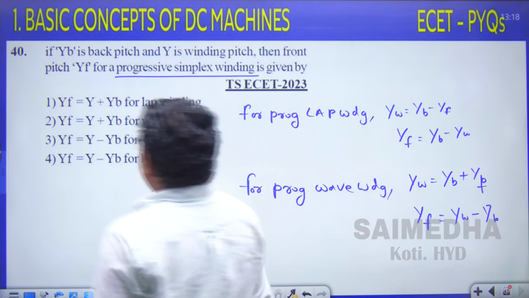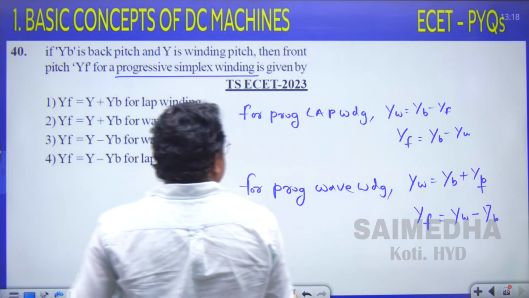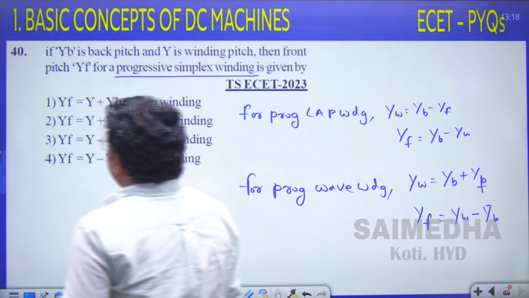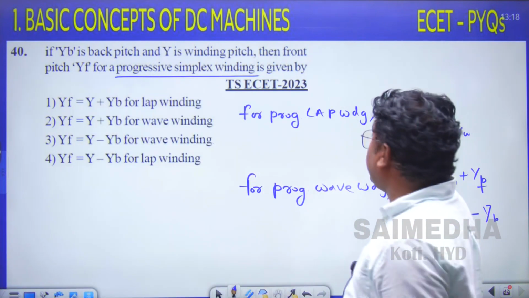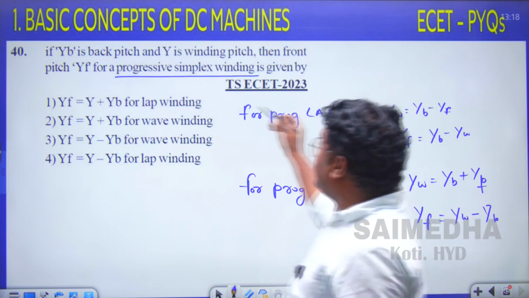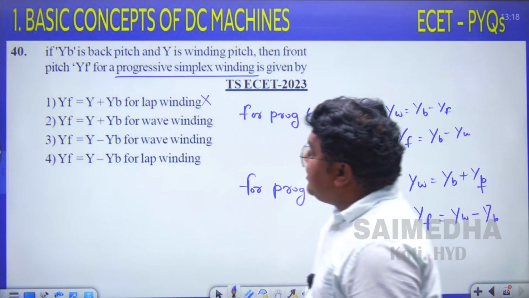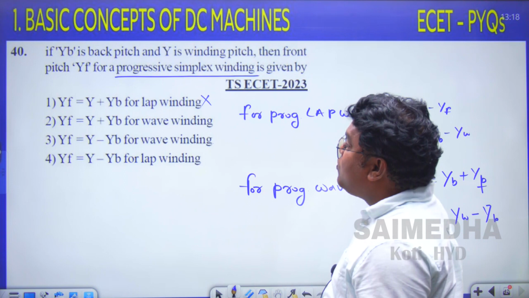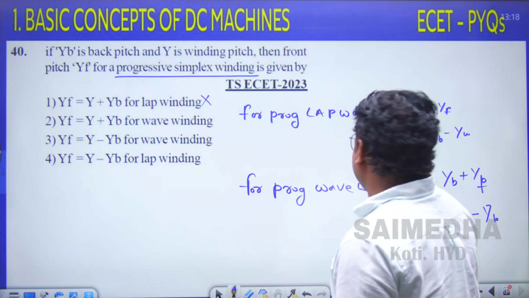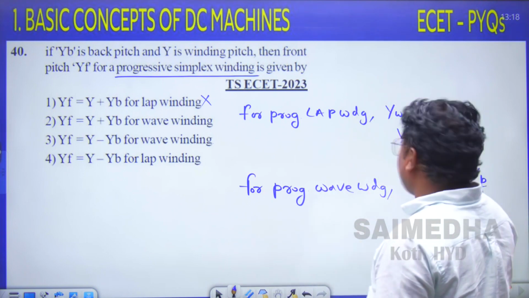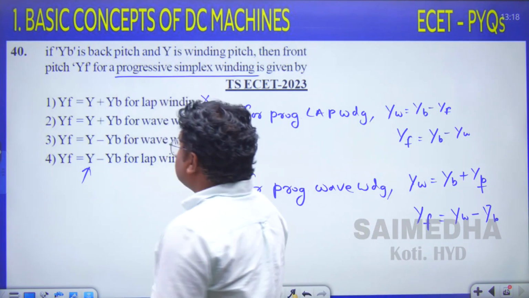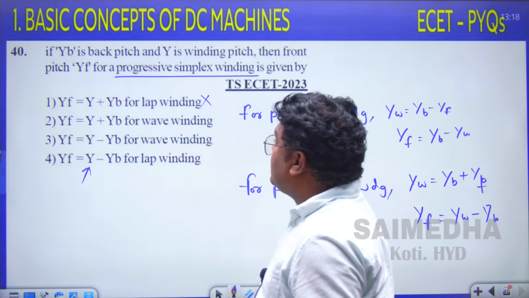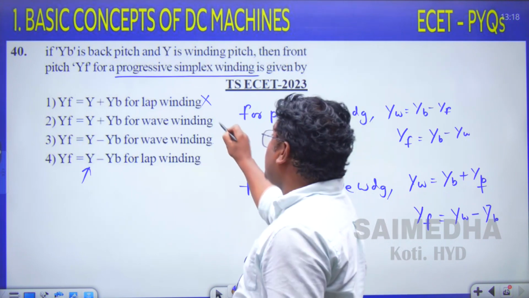Now let's verify the options. First, YF is equal to Y plus YB per lap winding. This is the wrong statement. And YF is equal to Y plus YB per wave winding, where Y is the winding pitch. This is also a wrong statement.